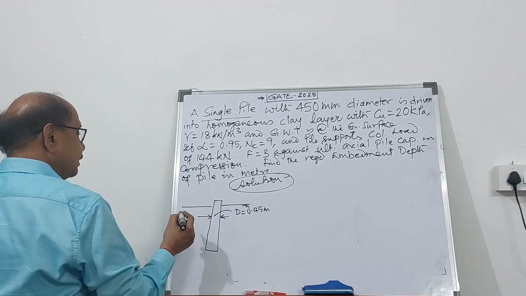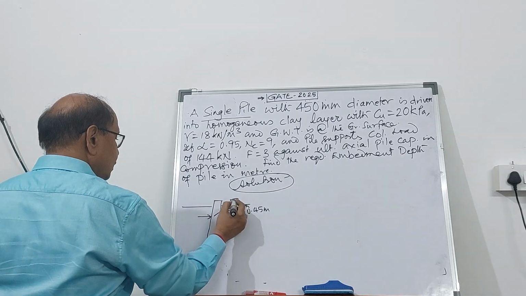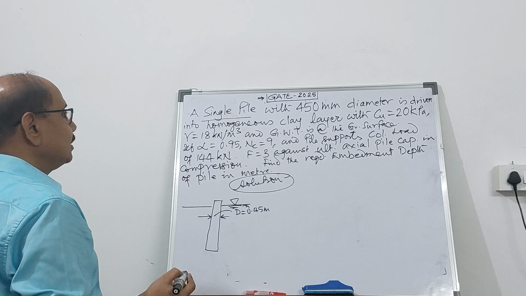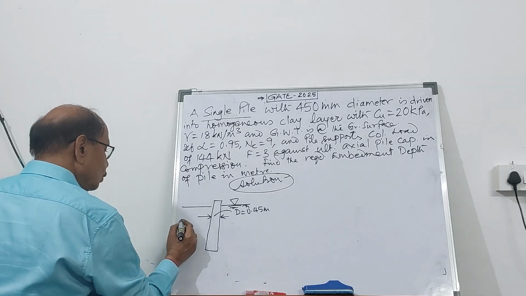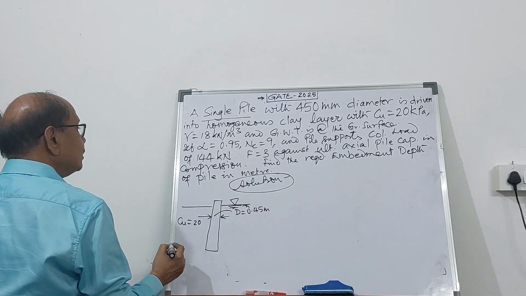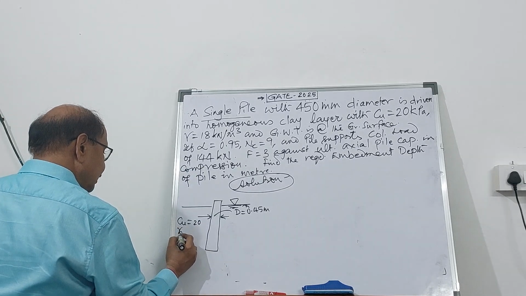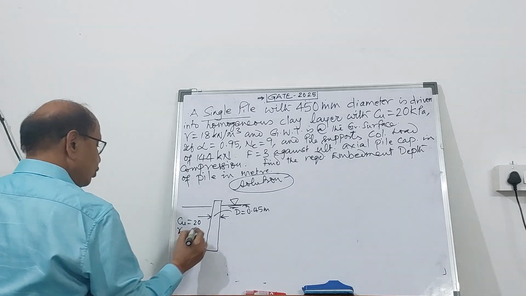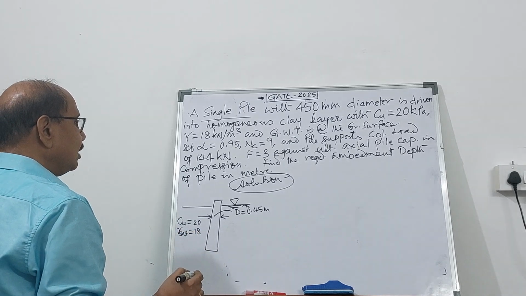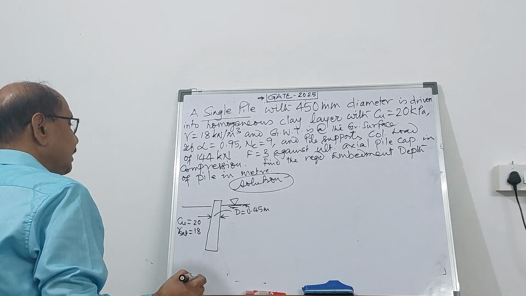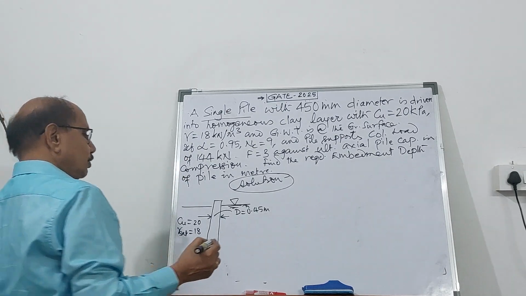And the groundwater table is here at the surface, and the value of Cu is 20 kilopascal, and gamma saturated is 18 kilonewton per cubic meter. Alpha and NC are given to us, and it supports a column load.